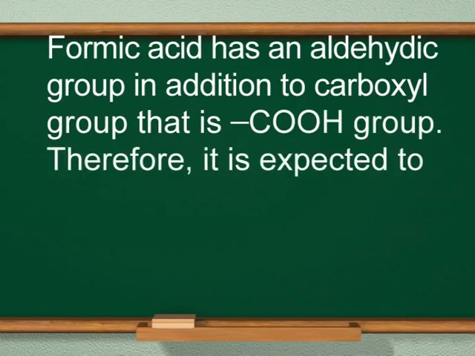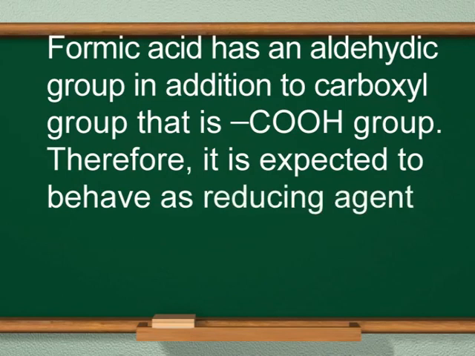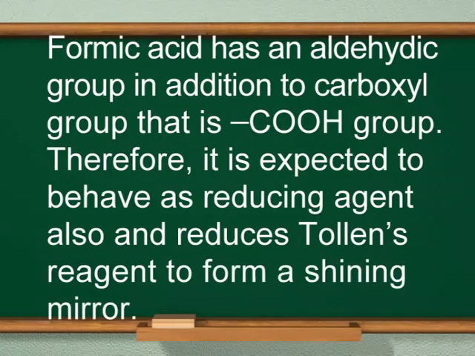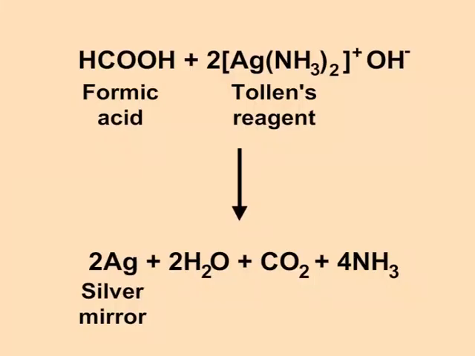Therefore, it is expected to behave as a reducing agent also and reduces Tollens reagent to form a shining mirror. In the reaction shown on the screen, you will find that formic acid reacts with Tollens reagent to form a silver mirror along with water, carbon dioxide and ammonia.